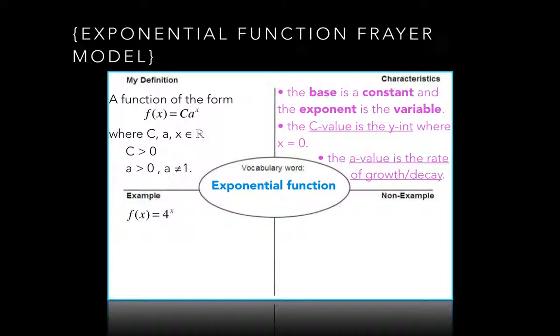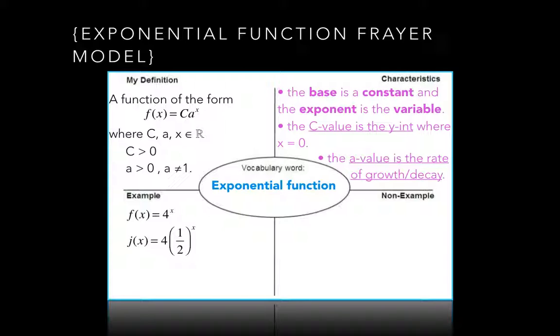This function, f of x equaling 4 to the x power, is an exponential function. Notice that the variable x is in the exponent position. Our a value here is 4, and we don't have a C value that's visible because it is the almighty 1.